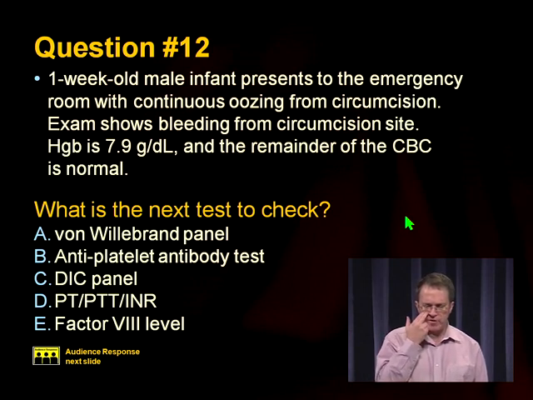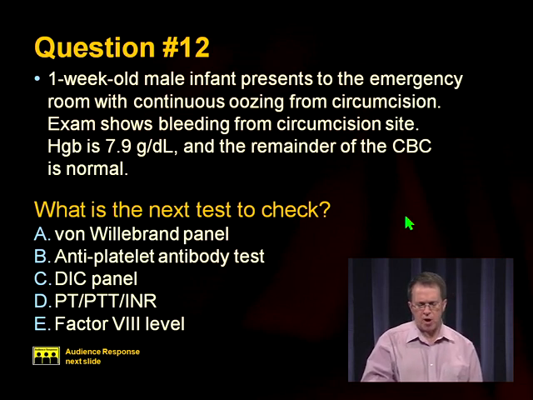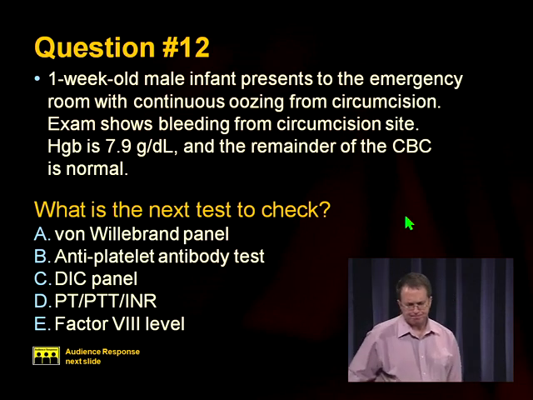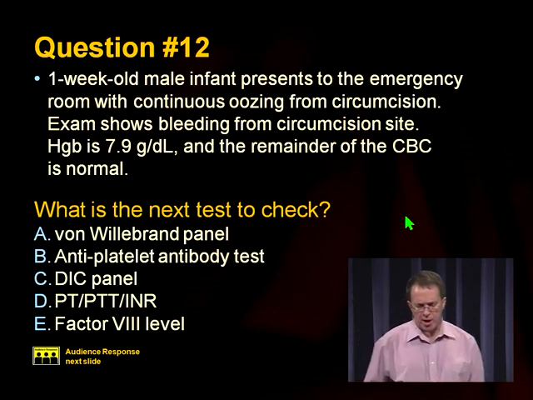A 1-week-old male infant presents to the emergency room with continuous oozing from circumcision. Exam shows bleeding from the circumcision site. Hemoglobin is 7.9. Maybe we'll make it even lower. Let's drop that to 6.9. And the remainder of the CBC is normal. What is the next test to check? Von Willebrand panel, antiplatelet antibody test.